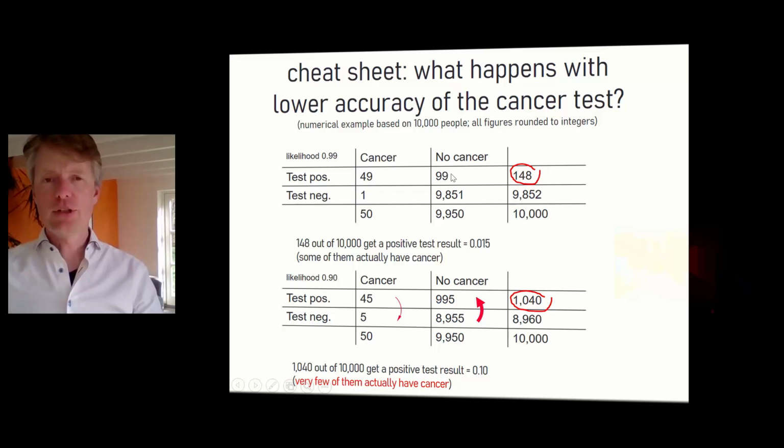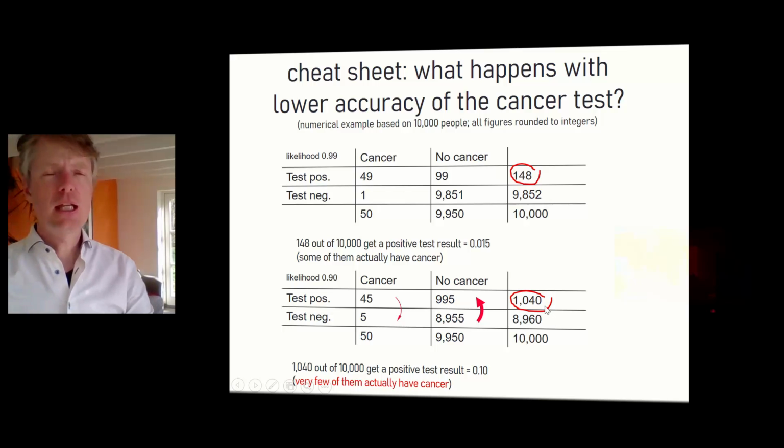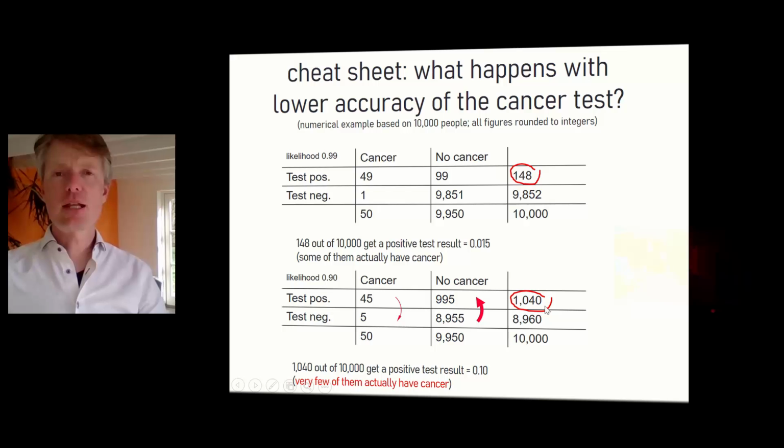So this goes up by a factor of 10, right, which is huge. So we have a huge number now of people that do not have cancer but get a positive test result. So obviously this test, even though it has an accuracy of 90%, is not going to be very informative.